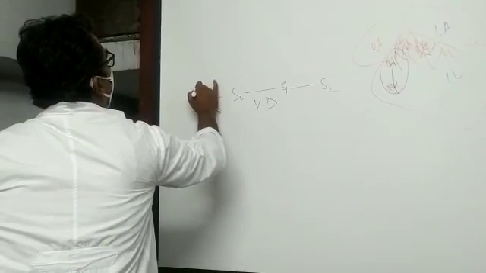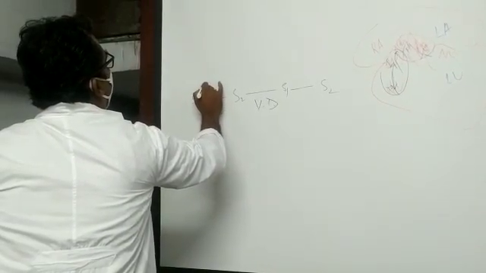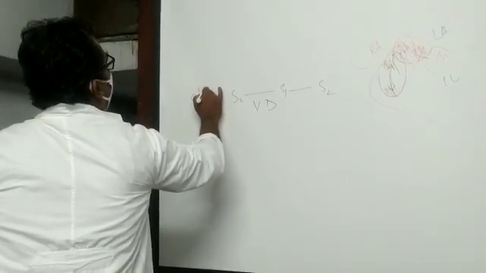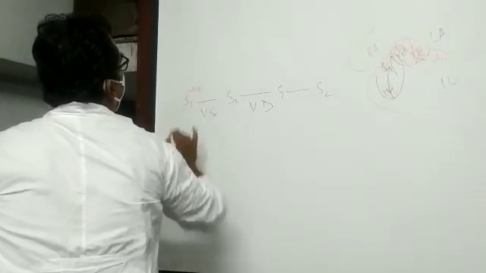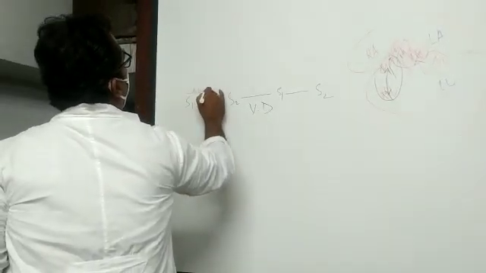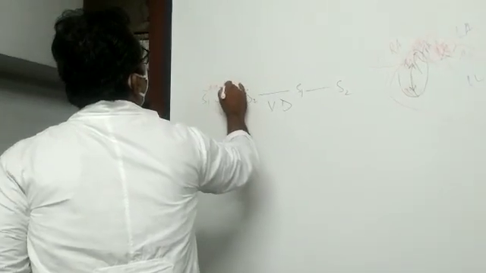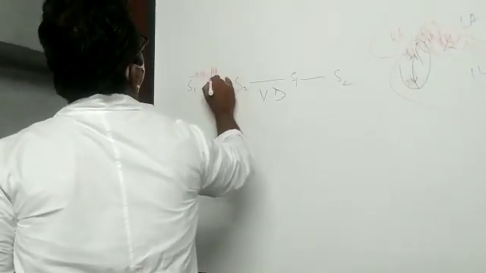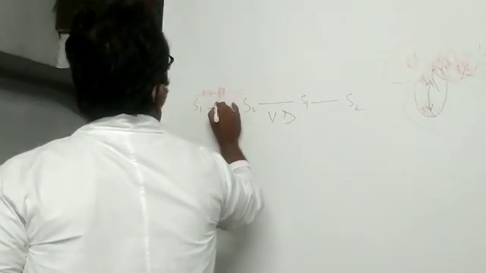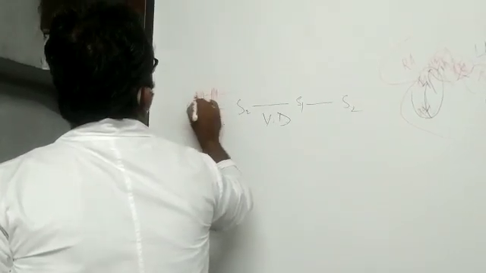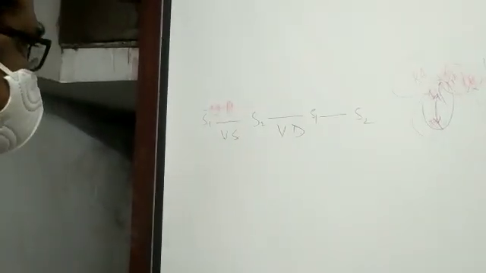The first heart sound is of less frequency but of larger duration, and the second heart sound is of high amplitude and high frequency but of shorter duration. Okay, this is of shorter duration, this is of larger duration.